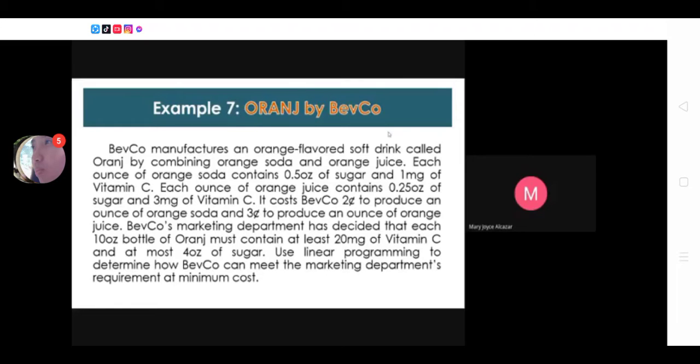Bevco's marketing department has decided that each 10-ounce bottle of Orange must contain at least 20 milligrams of vitamin C and at most 4 ounces of sugar. Use linear programming to determine how Bevco can meet the marketing department's requirement at minimum cost.